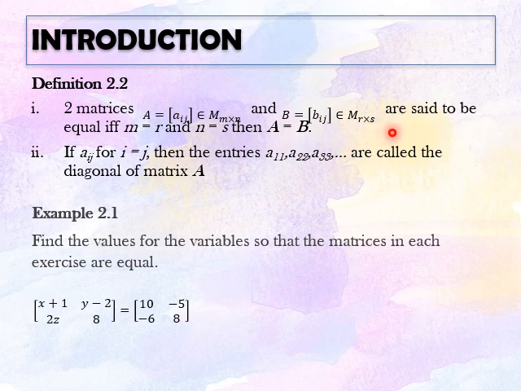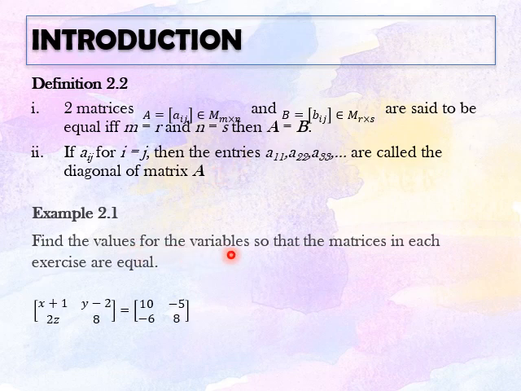They are said to be equal if the number of rows of A equals the number of rows of B, and the number of columns of A equals the number of columns of B. Then only we can say that A equals B. If Aij has i equal to j, then the entries A11, A22, A33 and so on are called the diagonal of matrix A.